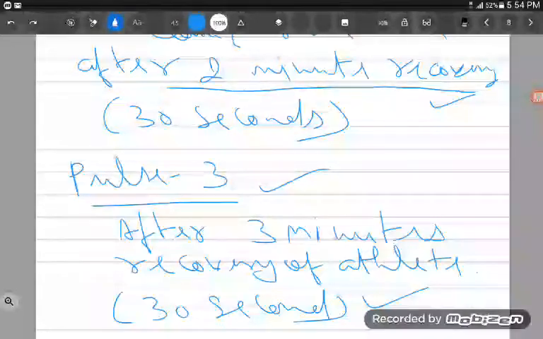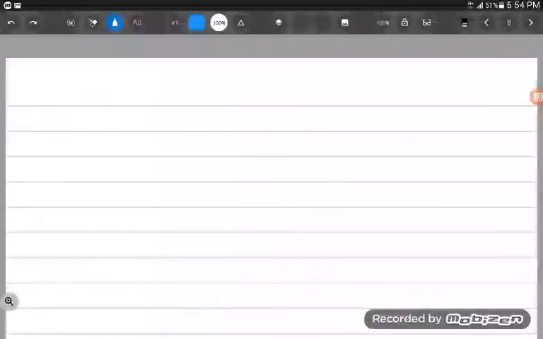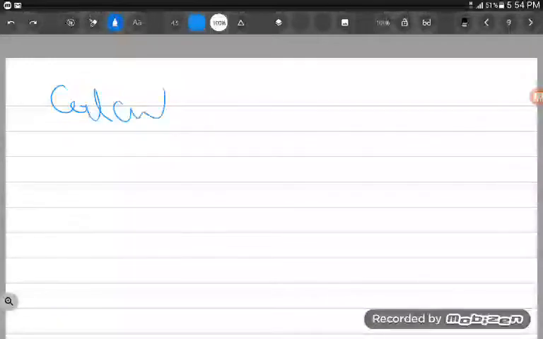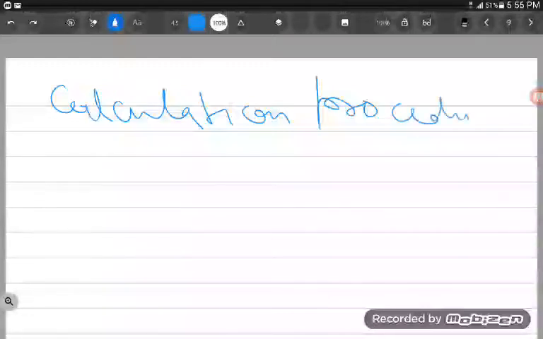What is the calculation procedure? Calculation procedure.